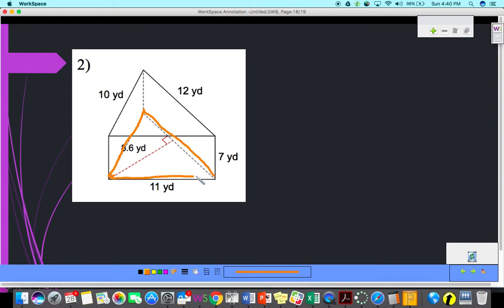So if I know that's my base, again, volume is capital BH, base area times height. So I need to find the base area, which is the measurements of base and height divided by 2. These are different values. This refers just to the triangle, not to the three-dimensional object. So when I look at this triangle, I need to decide what the base and height are.